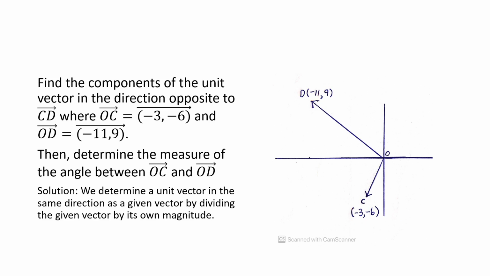Now, we want to get a unit vector in the same direction as 8, -15. The way we do that is we're going to determine the magnitude of the vector 8, -15. It's going to turn out that the magnitude of 8, -15, just using the Pythagorean theorem, is 17. We have a 17 unit long vector.